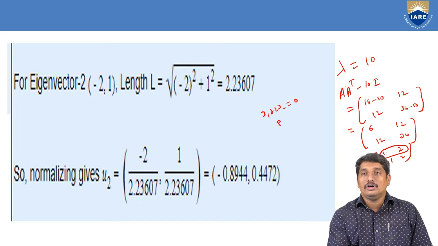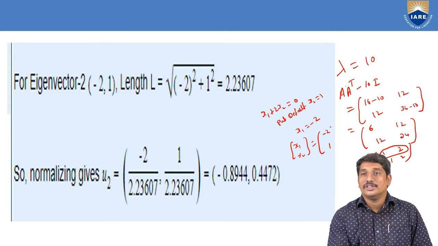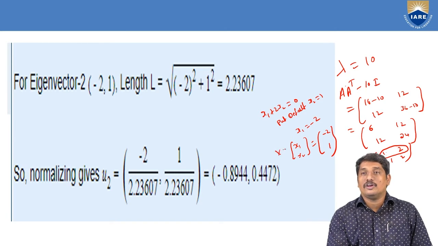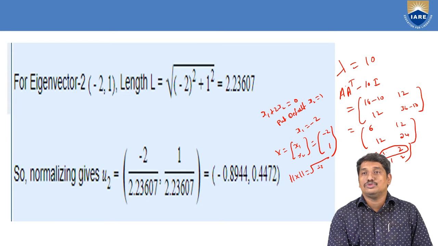Now by default, choose x2 is equal to 1. Then x1 is equal to minus 2. So our vector x1, x2 is minus 2, 1. This is our vector x. Norm x is nothing but root of minus 2 whole square plus 1 square, that is root 5.